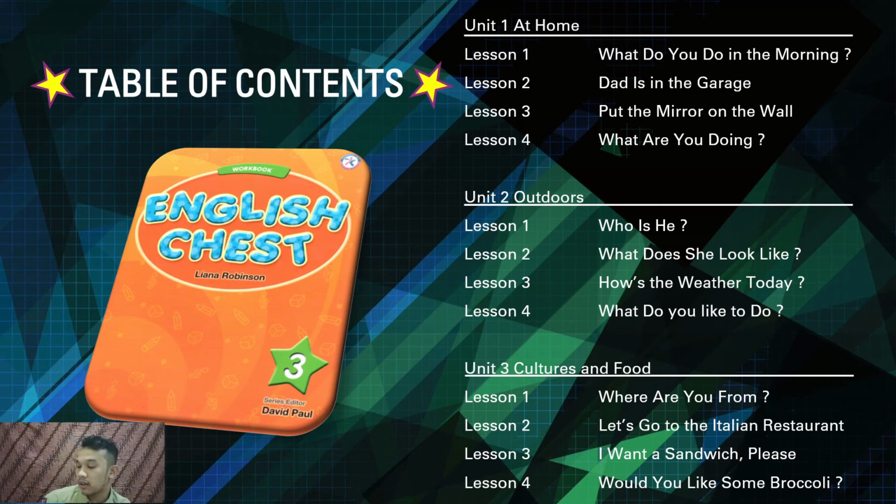It is different from lesson 2 of unit 1.